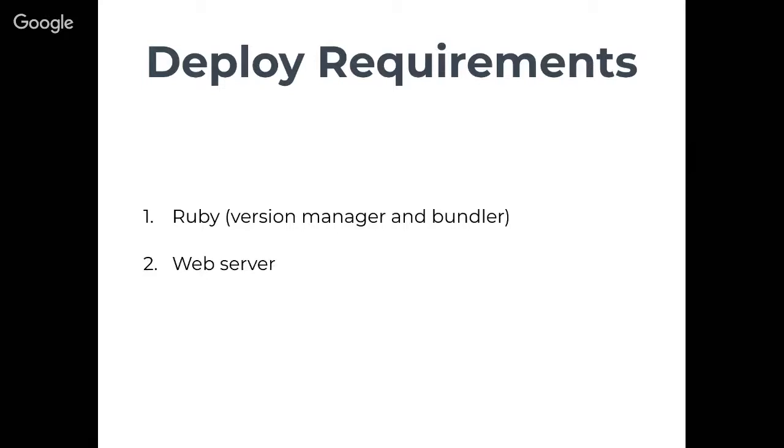Then you're going to need a web server. For Hatchbox, I went with Nginx and Passenger. One of the reasons for that is because Nginx is super fast, but instead of having to deal with whether or not the applications use Thin or Unicorn or Puma or Webrick, I can just have all of those ignore that and use Passenger out of the box.